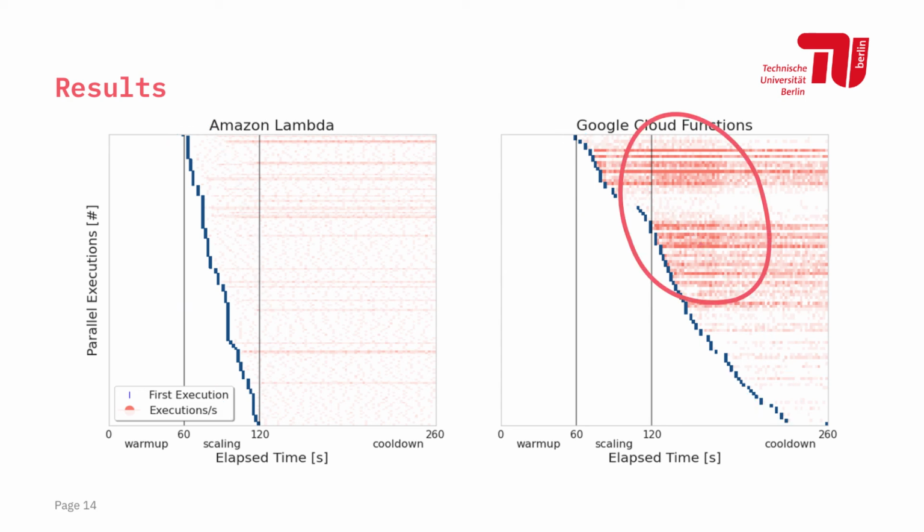Another thing you see in Google is that the workload between different runtime environments is not equal, meaning that there also might be some issues and some failures explained by that. A more detailed description about these plots and also the other runtime environments and providers you can find in the paper.